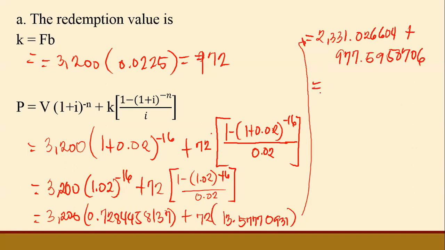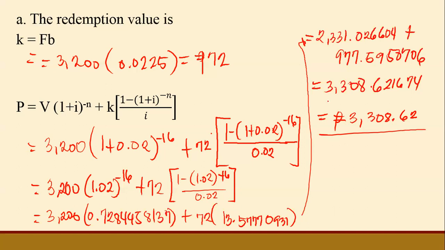So the total is 3,308.621674, or this is now equal to 3,308 pesos and 62 centavos. So that is the price of the bond to yield at 8%: 3,308 pesos and 62 centavos.